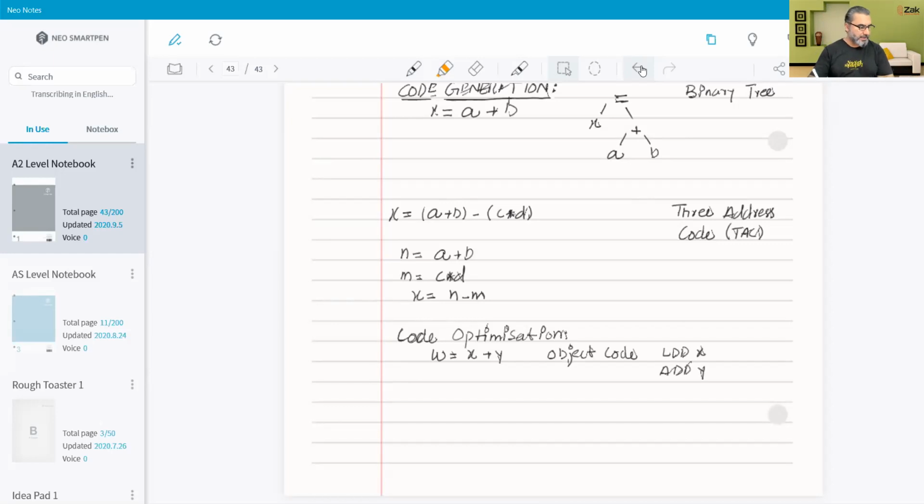Then we store it at W. And the equivalent machine code would be something like 0, 0, 1, 1, 0, 0, 1, 1, something like this.